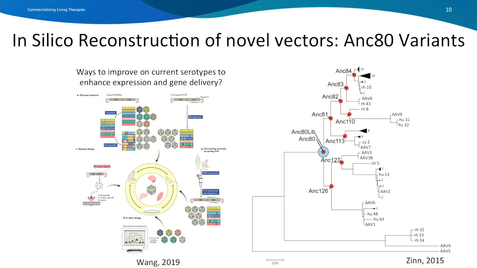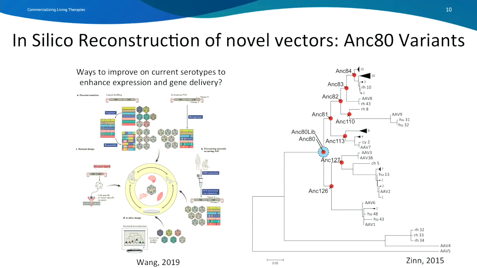But there's also a process shown at the very bottom called in silico reconstruction. This is when you use various computer algorithms to understand current serotypes as well as those found in other models and try to come up with sequences that may inform an ancestor to the vectors that we currently know as those conventional serotypes.